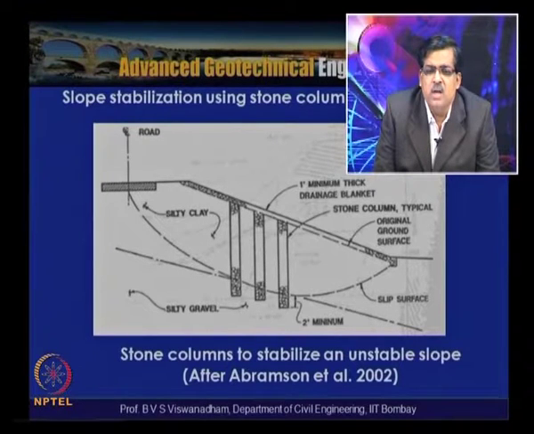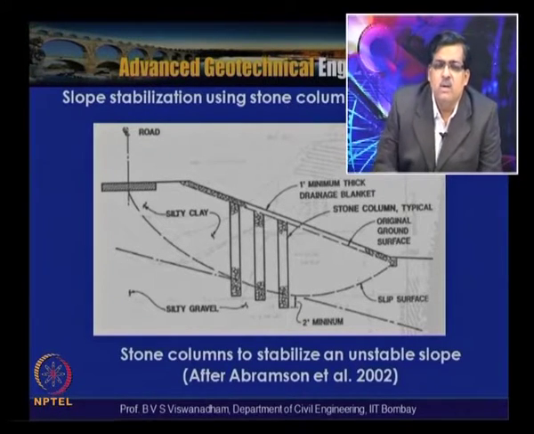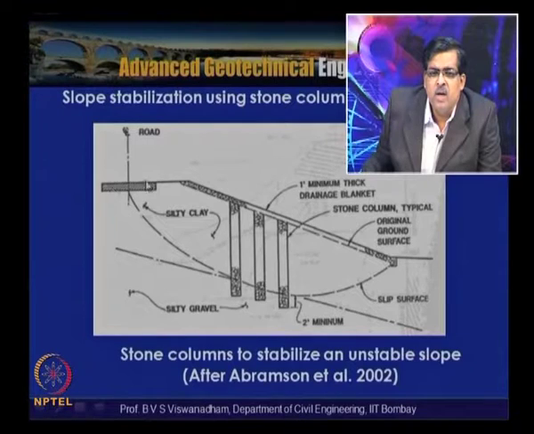So basically in this particular slide, a typical slope which is stabilized with stone columns is shown here, and if this is the potential failure surface, it has to be ensured that this stone column traverses to a certain depth beneath the failure surface.